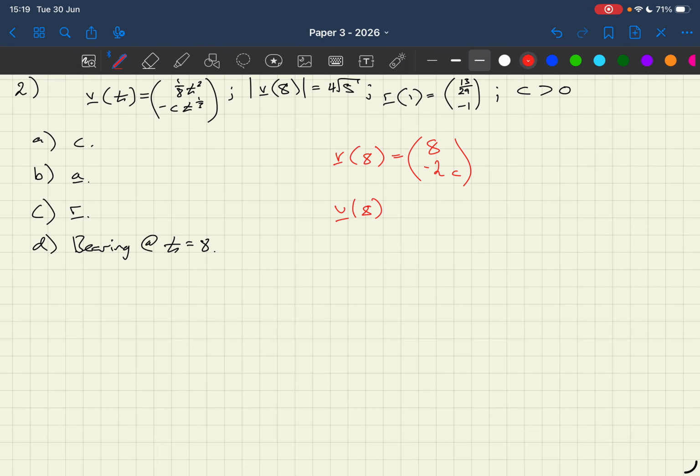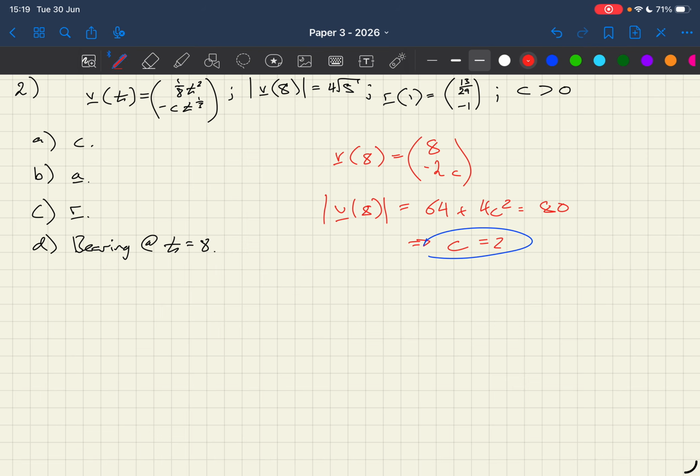So speed when time is 8 is going to be 8 squared, 64, plus 4c squared. And that is equal to 4 root 5, all squared. So 4 squared, 16, times the 5 gives us 80. So c squared is going to be 4. And therefore c is going to be plus or minus 2. But we know that c is positive. So this tells us that c is 2 in the end.